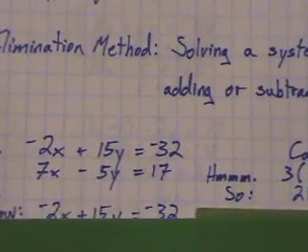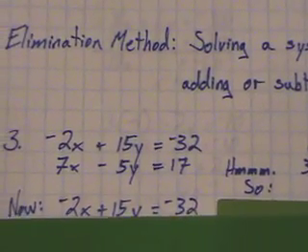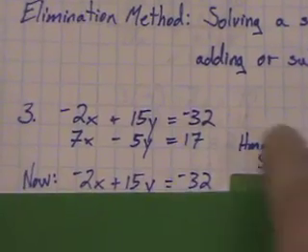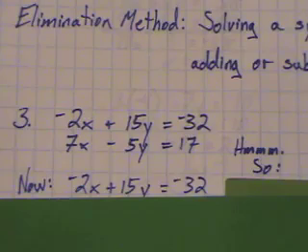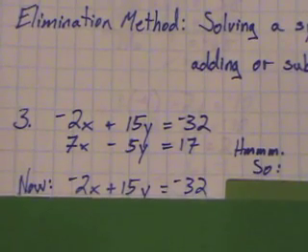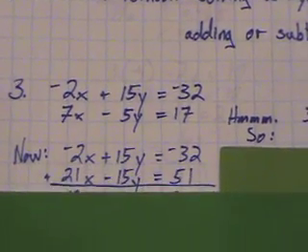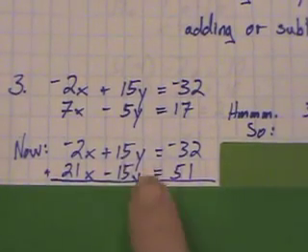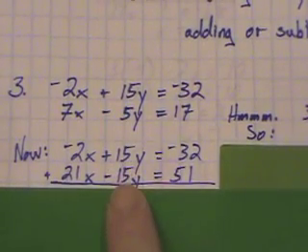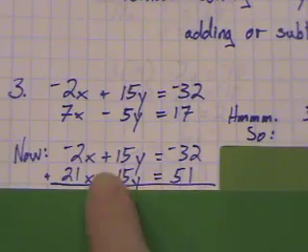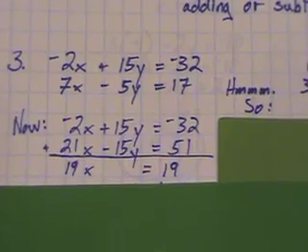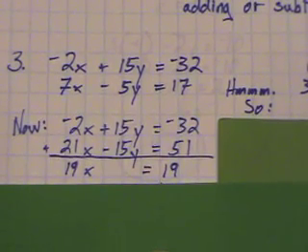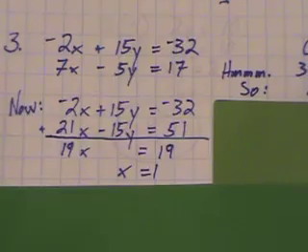So now we have, notice this first equation stayed the same. The second equation multiplied by 3. Now we have matching coefficients. And it's already one positive and one negative, so we can just add them together. We end up with 19x equals 19, x equals 1.